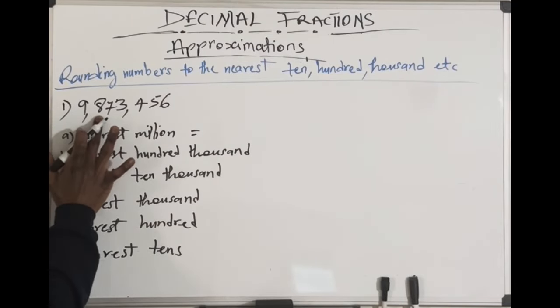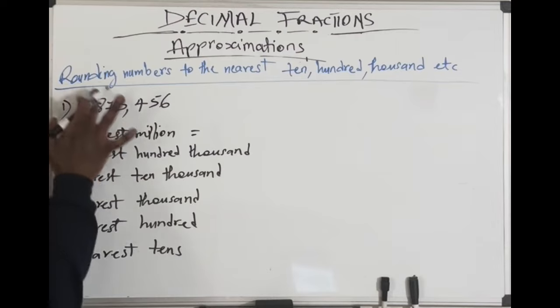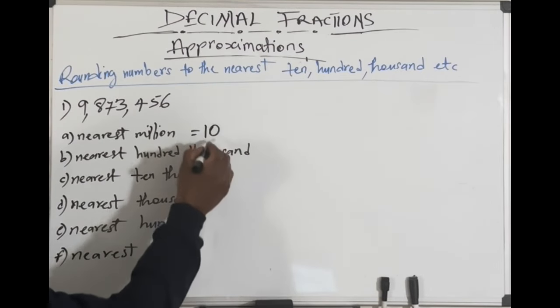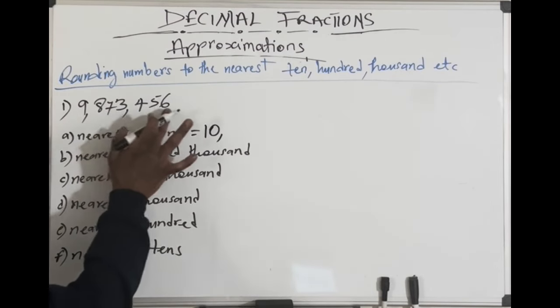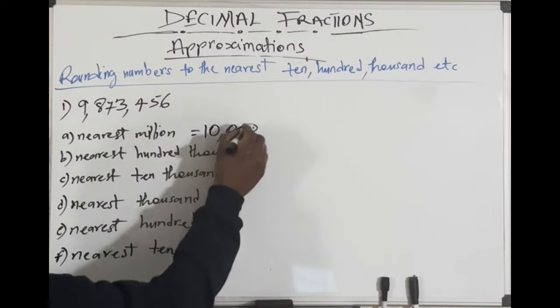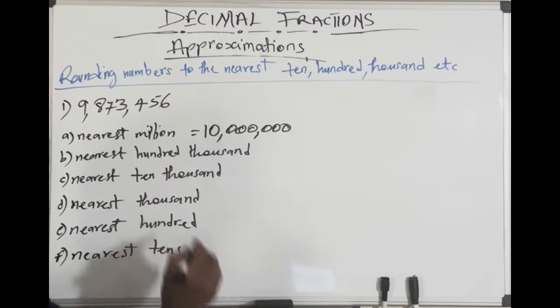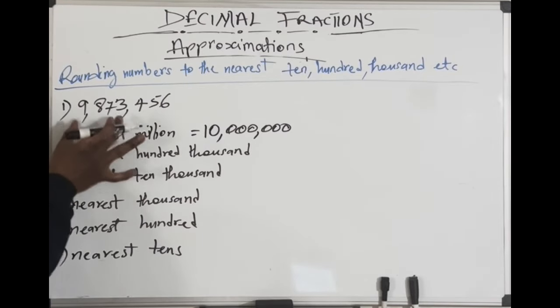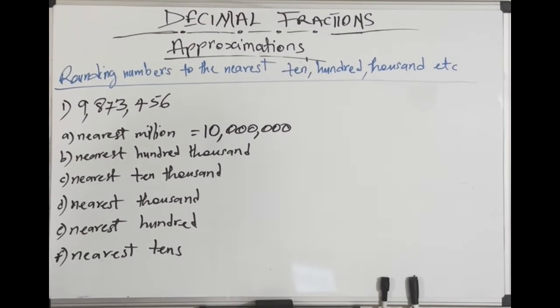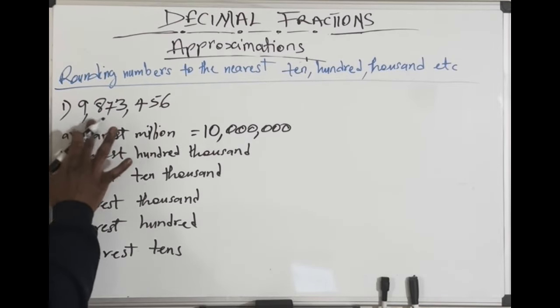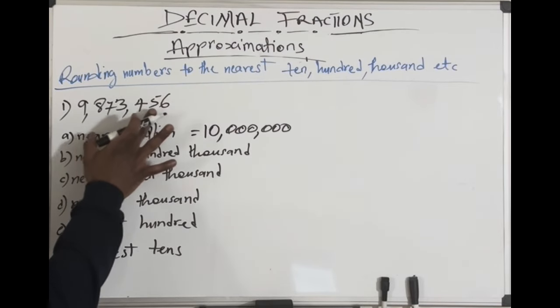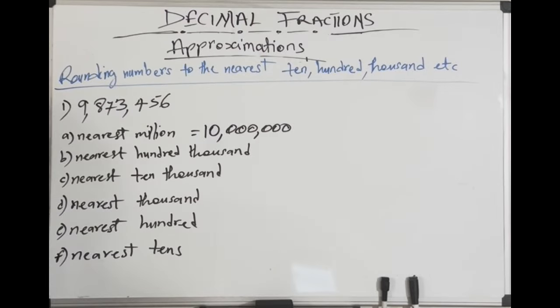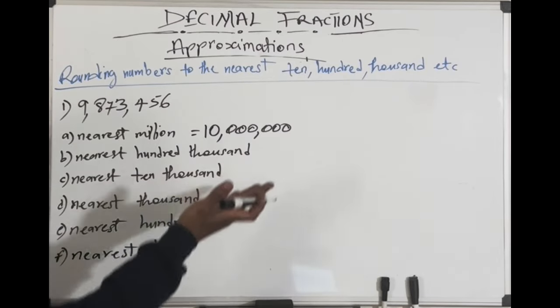The next number is 8, which is plus 1. We add it to it, so we get 10, and all these will be replaced by zeros. Why? Because they are values, not decimal numbers. So the nearest million is 10 million. So maybe we have spectators of 9,873,456, and you want to round it up as an approximation. You could just say spectators are 10 million.